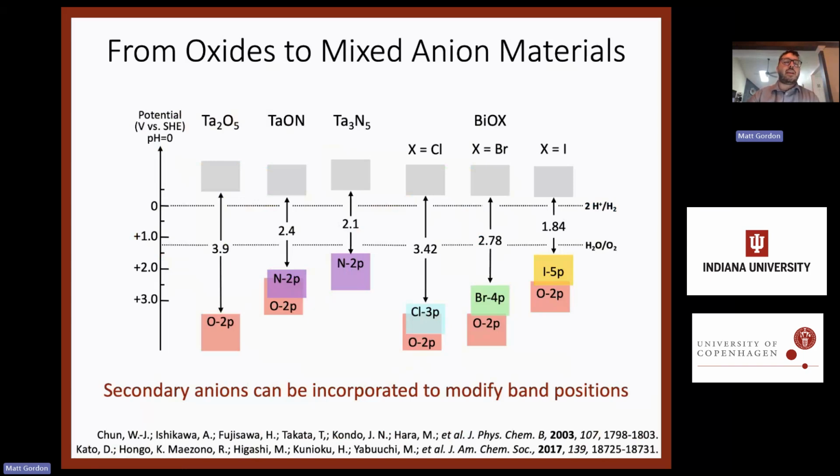But as you incorporate a secondary anion into this, so tantalum oxynitride and tantalum nitride, you begin to shift the valence band maximum upwards so that you get a smaller band gap and thus can absorb more of the visible light. And so bismuth oxyhalides also have this similar property whereby tuning the halide composition, you can tune the band gap from something that's only UV absorbing to something that absorbs well into the visible range.